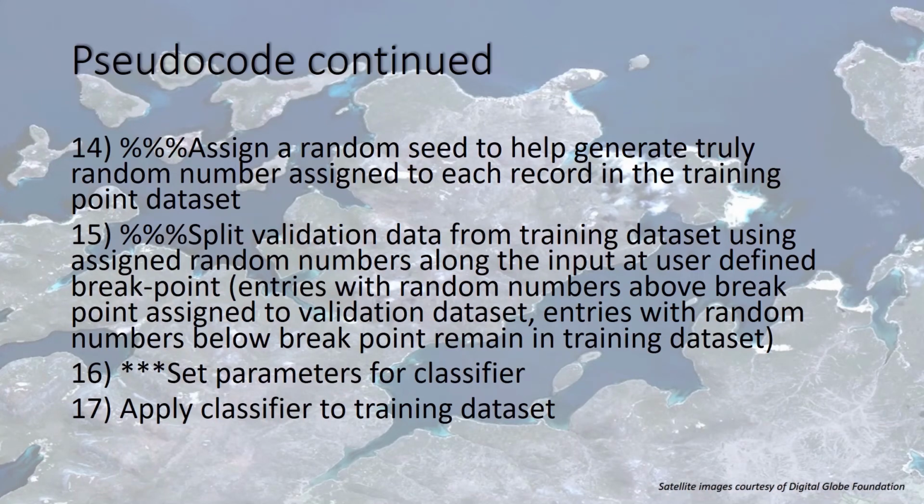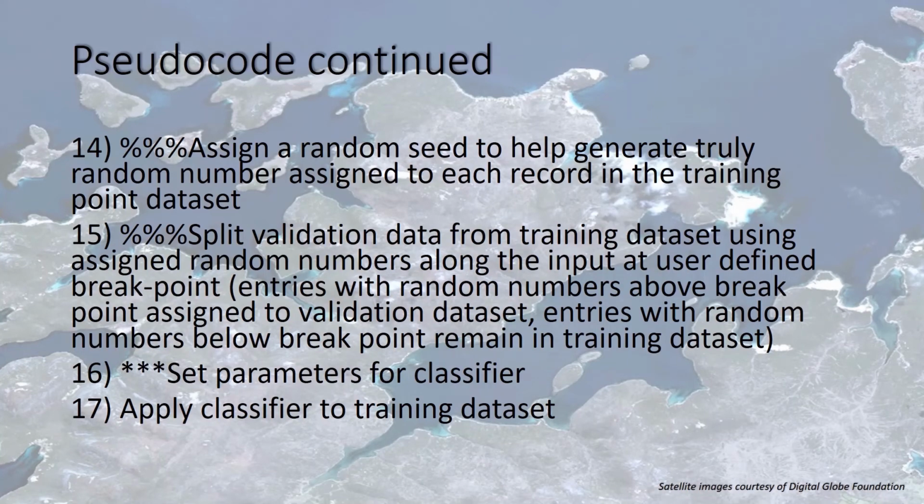And finally, here's that one line. You actually apply the classifier to the training data set. That training data set, that list of ground truthing points that you have all the information stored to for all the bands for the imagery, all the different indices you created, is just a big table. Now it's taking the classifier and making its best guess, based off of that table, of what the rest of the map is really like.